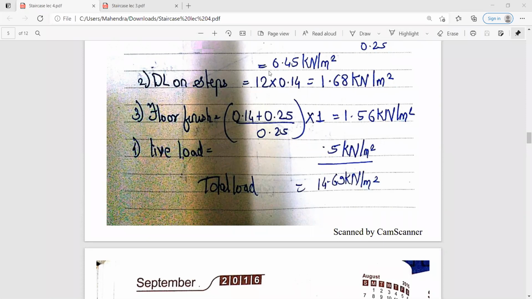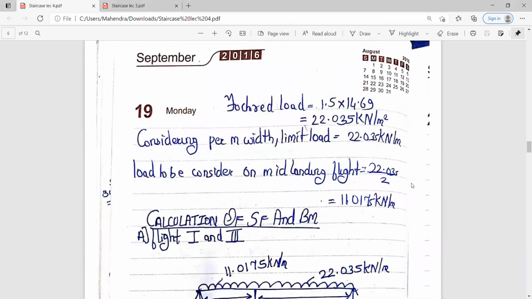So total load comes up to be 14.69 kilonewton per meter square. Then you need to calculate the factor load.